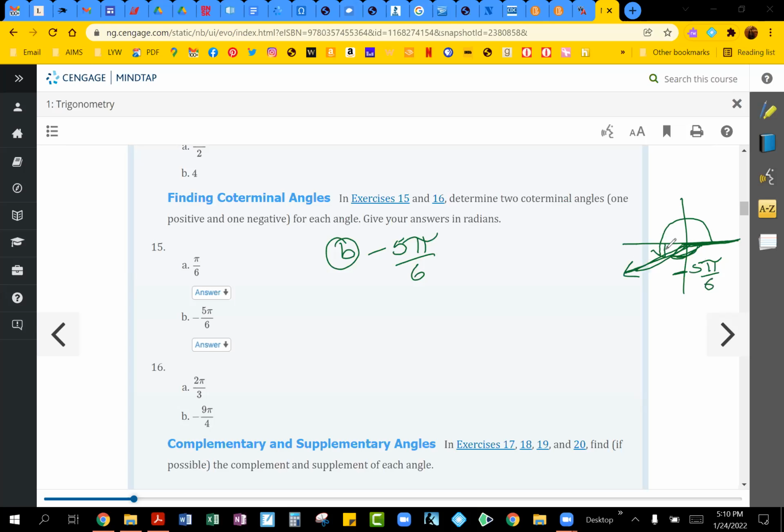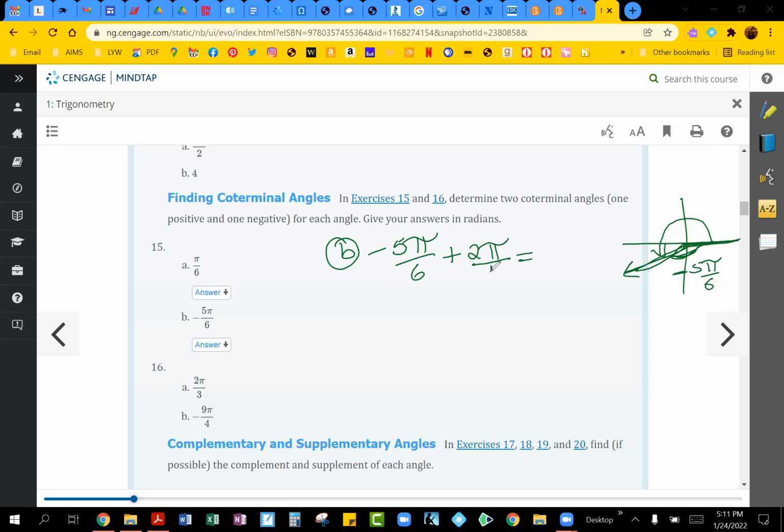If you go in the counterclockwise direction, you'll get a positive angle. So I would suggest adding 2 pi to this, and that will give you your positive angle. Can anybody tell me what this answer will come out to be when I add 2 pi to our negative 5 pi over 6? It would be 7 pi over 6.